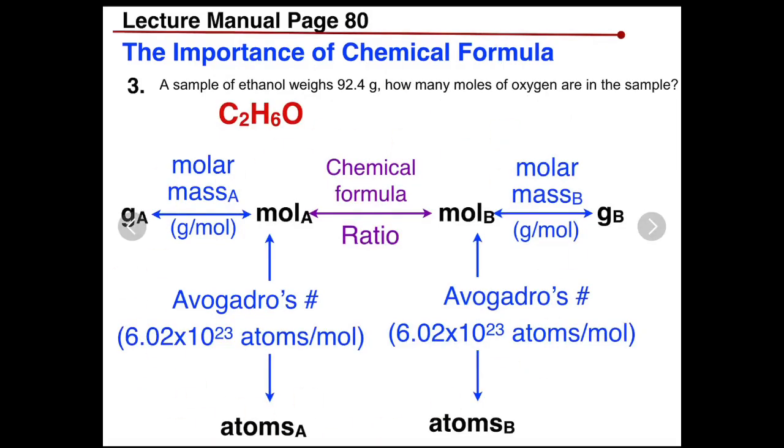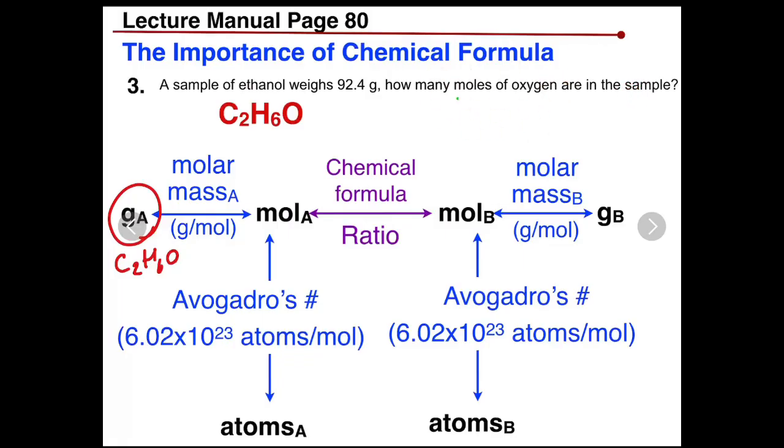We are given grams of ethanol, so C2H6O. Which way are we going? In order to know whether you're going to convert to molecule, atom, grams, or mole, you need to know what the question asks. The question asks to find out mole of oxygen.